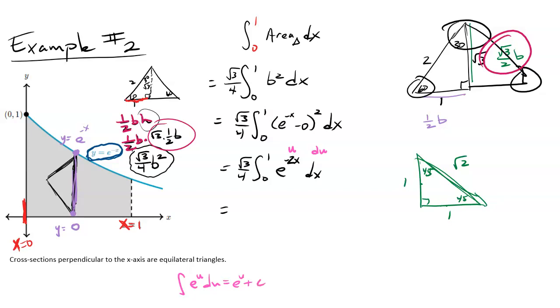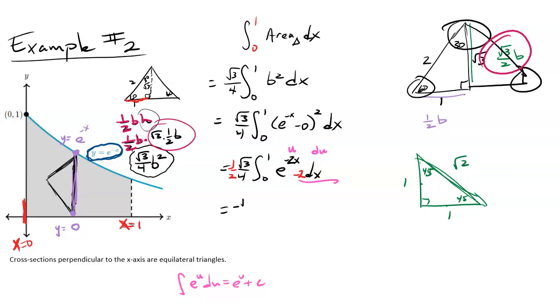So currently, my du isn't correct because the derivative of negative 2x is negative 2 times dx. So I'm going to multiply by negative 2 to make du correct, and I'm going to multiply by negative 1/2 in the front to offset that negative 2 I just put in.